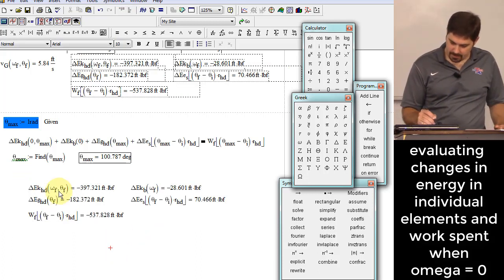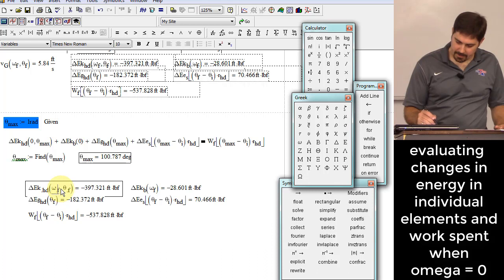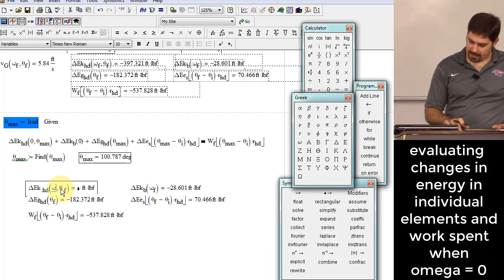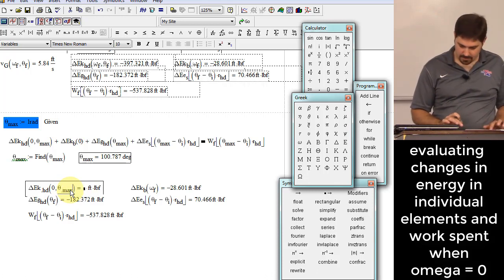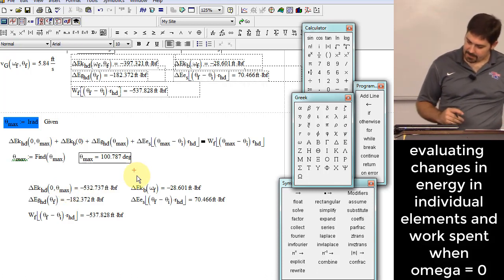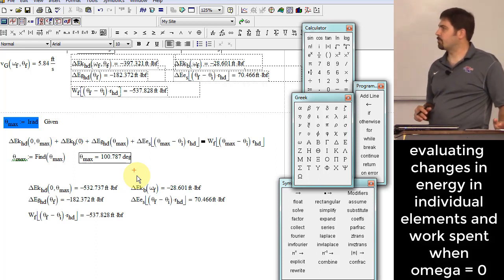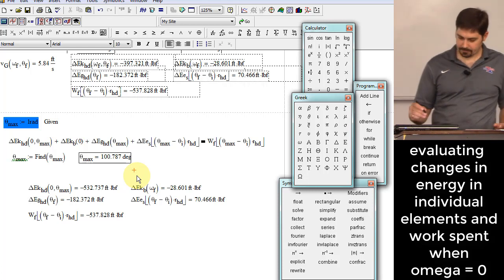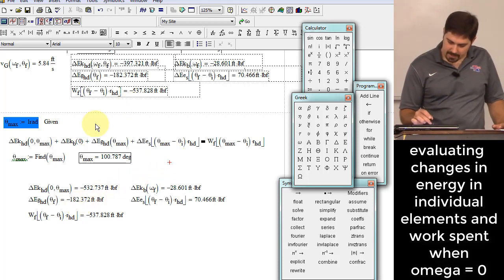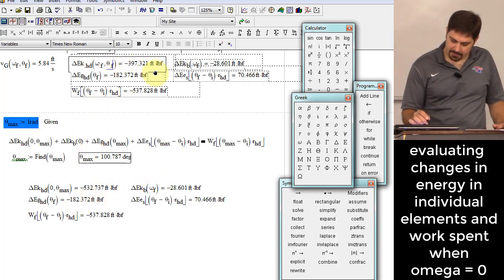All I have to do is put in here the correct value. So I put in a 0, for instance, here, and theta max right here. And that'll tell me that's how much change in kinetic energy I had for my half disk. Okay. Does that make sense relative to the last value that I had?